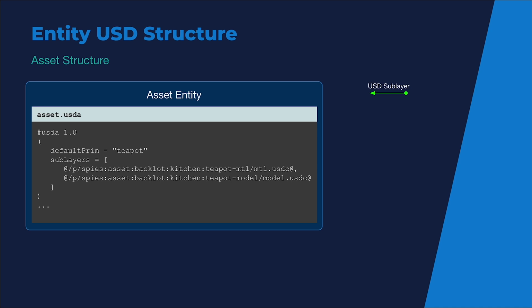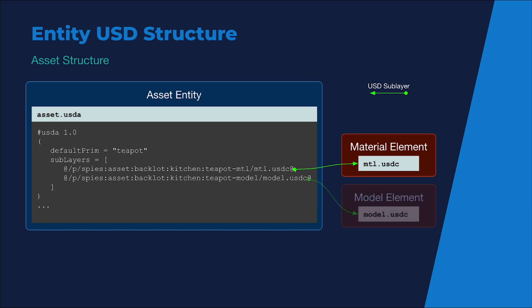The element USD layers were sublayered into their entity's USD file. The strength ordering was defined and enforced by the entity archetype, which reduced the number of opinion strength issues to debug because artists couldn't accidentally change the ordering of element layers. This also allowed for parallel contributions, but communication was still important.